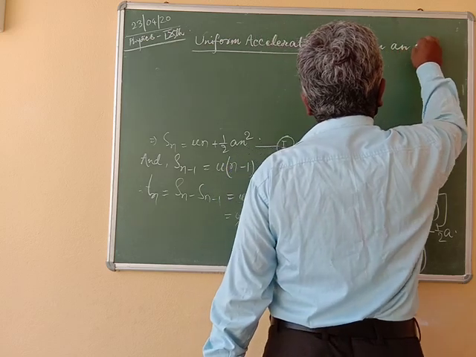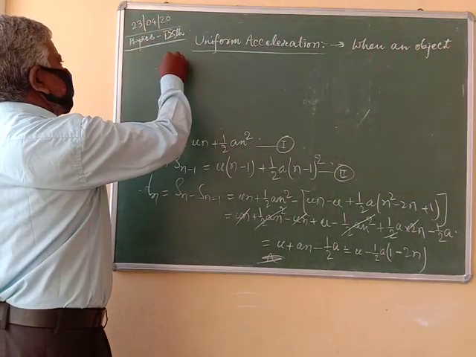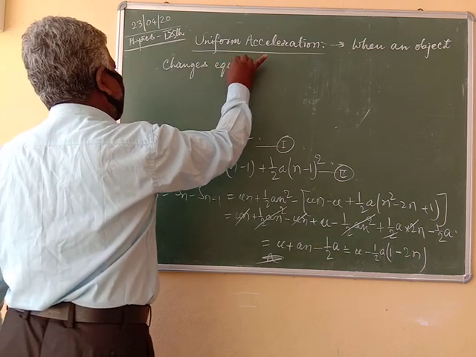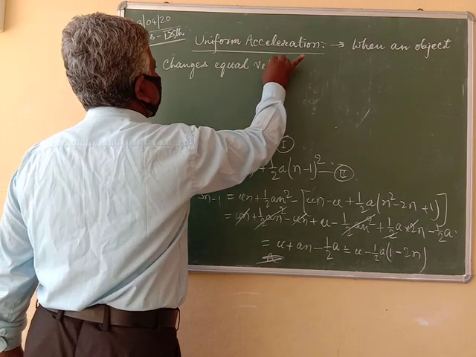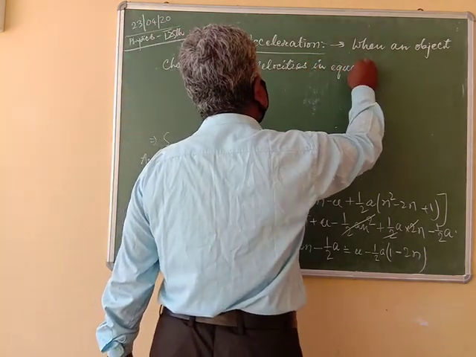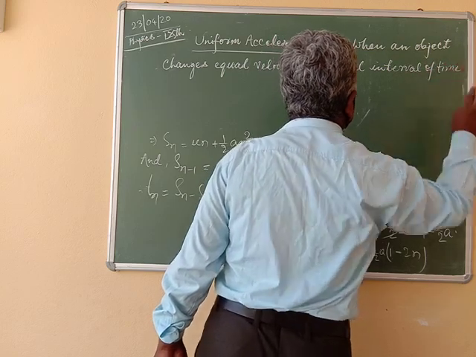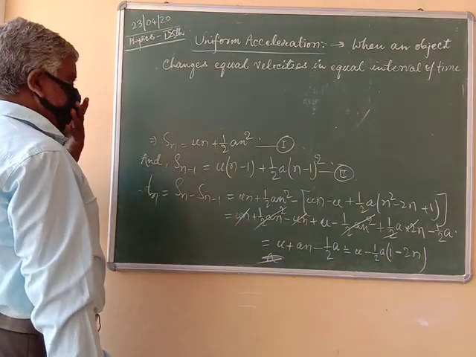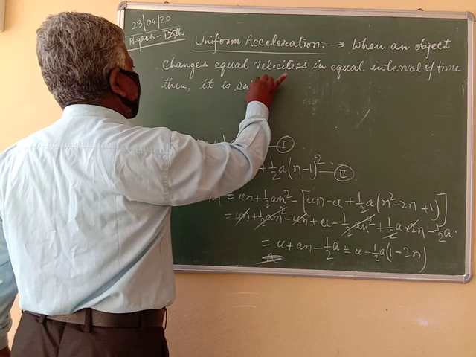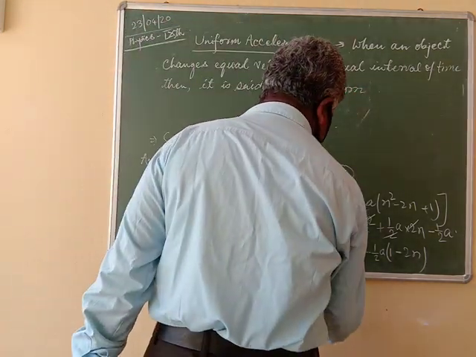When an object changes equal velocities in equal intervals of time, then it is said to be uniform acceleration.